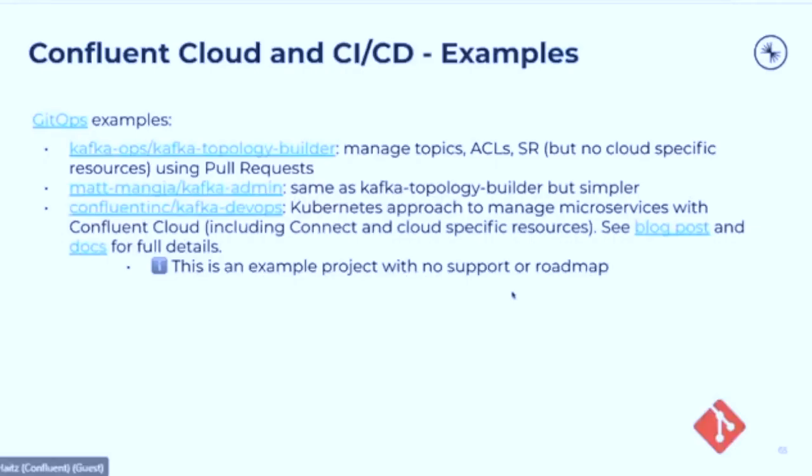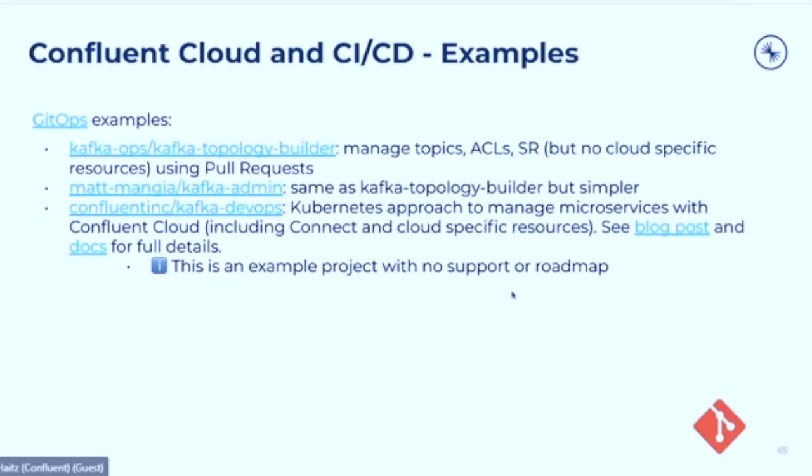If you now focus on automating the creation of topics, for example, we have on the slide the most prominent examples for automating the creation of topics and so on. That would be the GitOps approach that we shared in the office hours, I think last year.